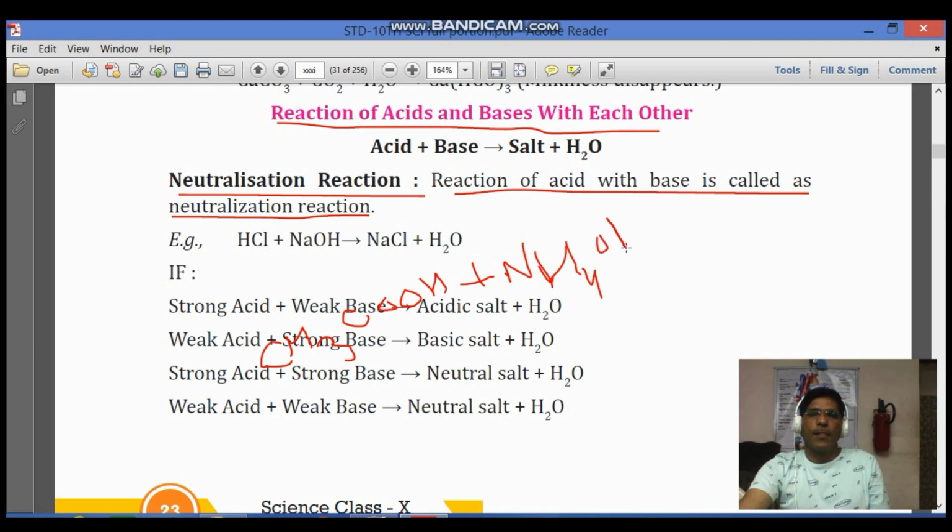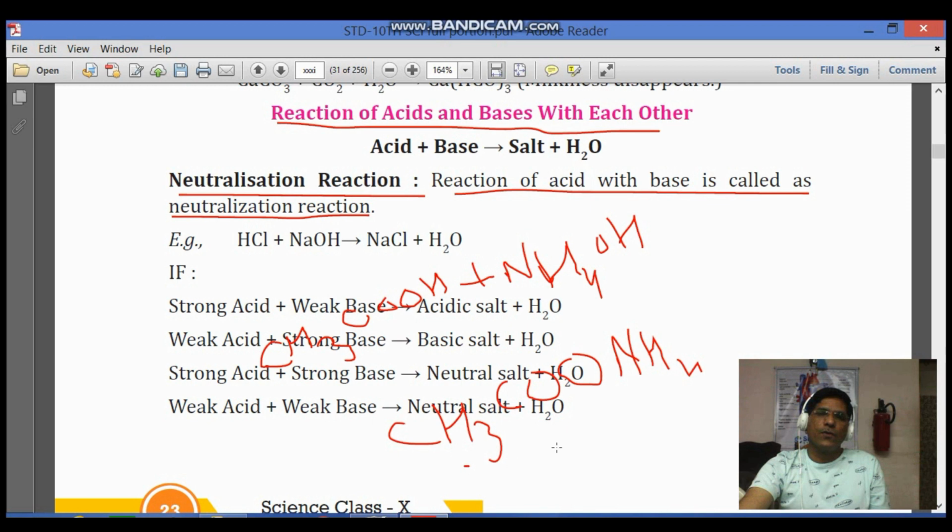Now if we react them, then we get CH3COONH4 salt. So it is a neutral salt.